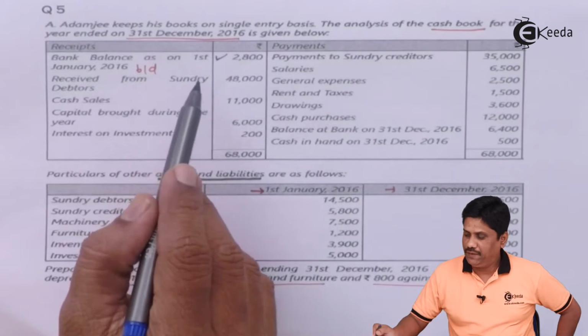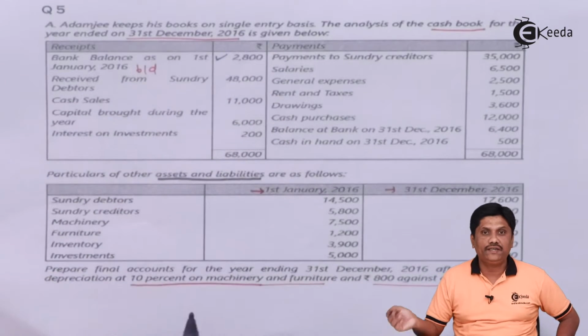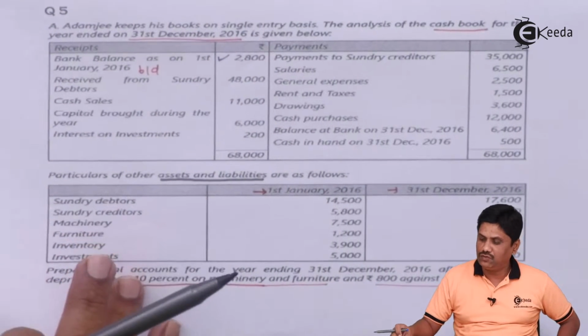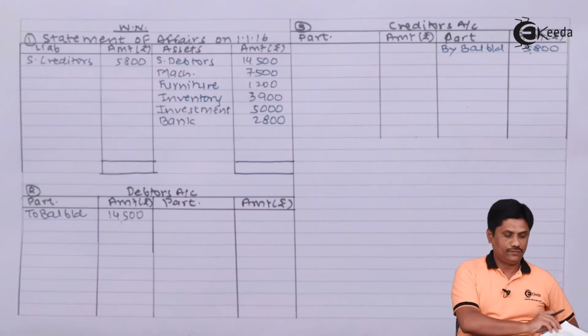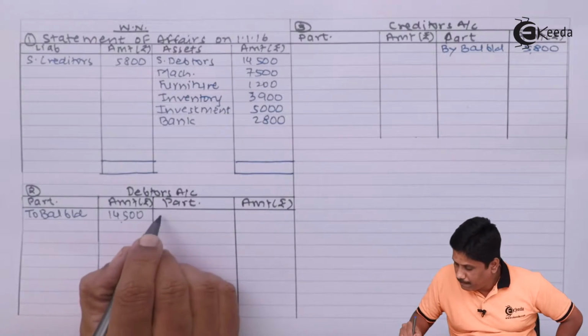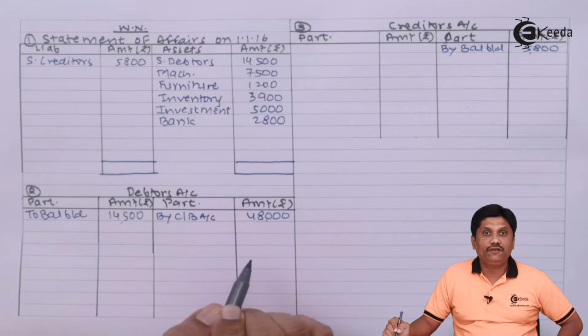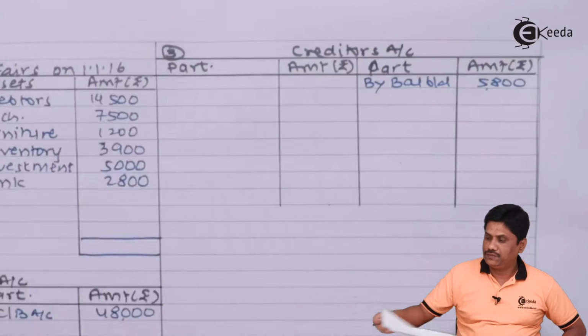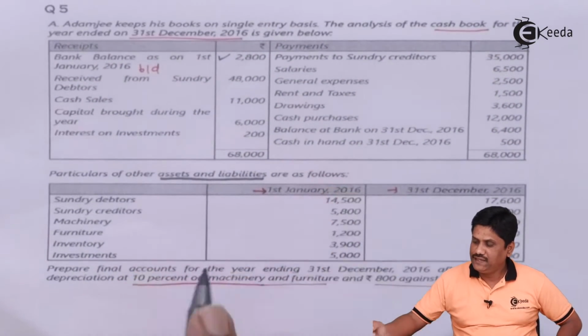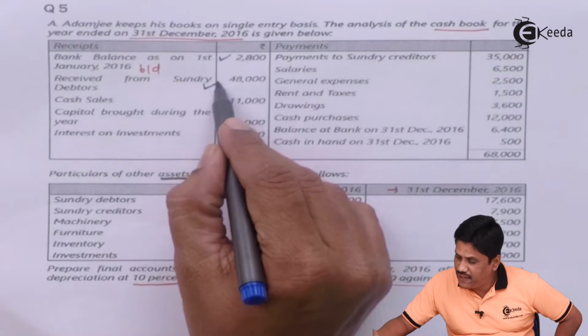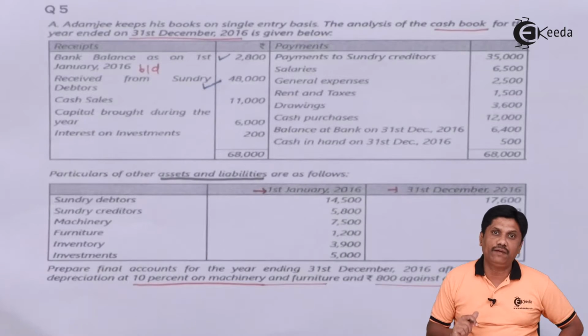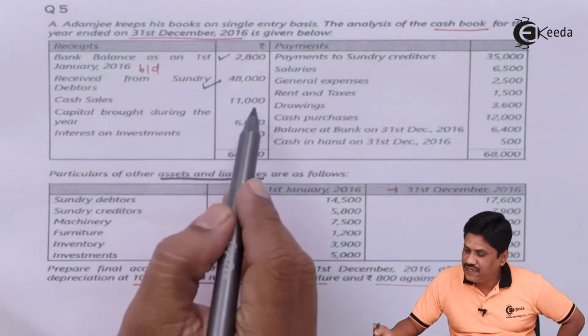Received from debtors, that means cash account debit to debtors account. So in the credit of the debtors account I will write by bank account, or by cash or bank account. The second effect of this is already seen in the cash book. So one effect is already here, and I only have to think about the second effect. Cash sales are given 11,000.